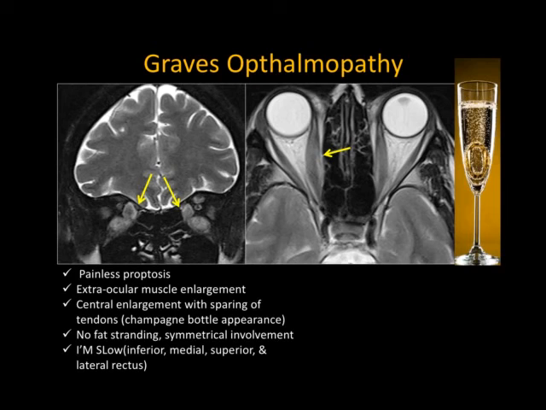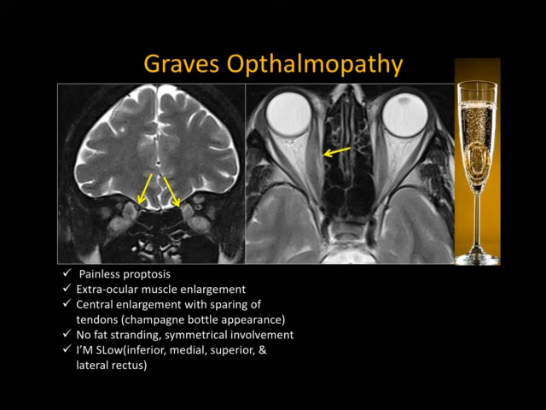Painless ophthalmopathy. How do you differentiate it from pseudotumor? Here the tendon will not be involved. That's theoretical, but when the patient comes, it gets very difficult. Orbital pseudotumor is painful, acute, and often with headache; thyroid is usually chronic.